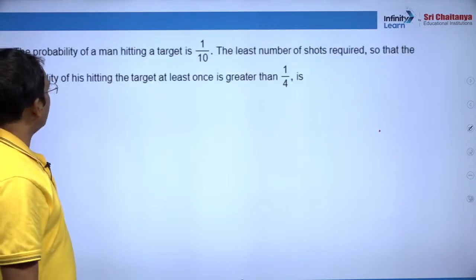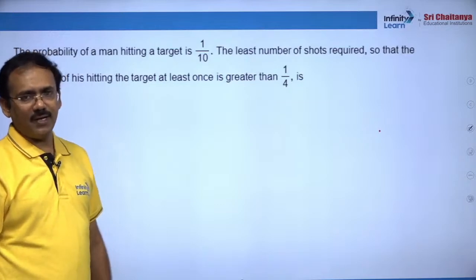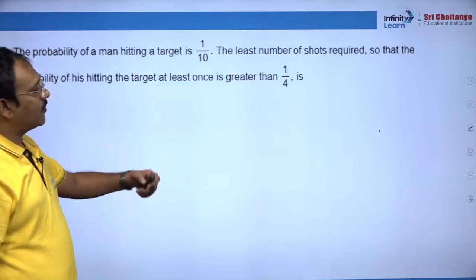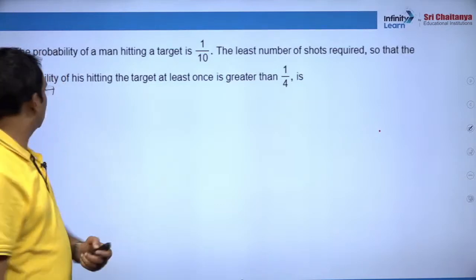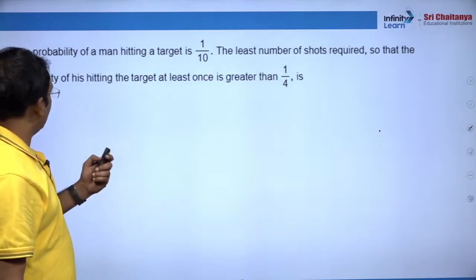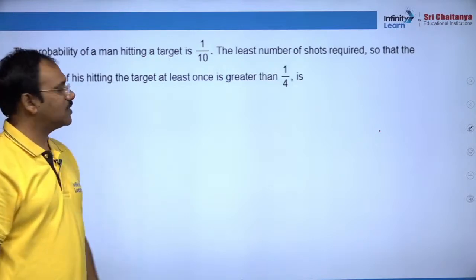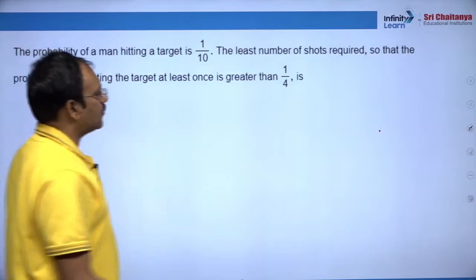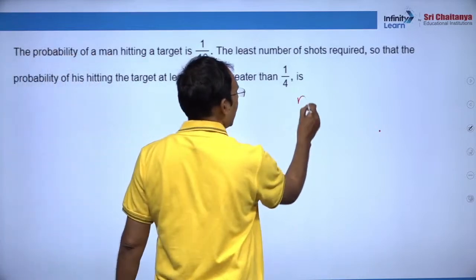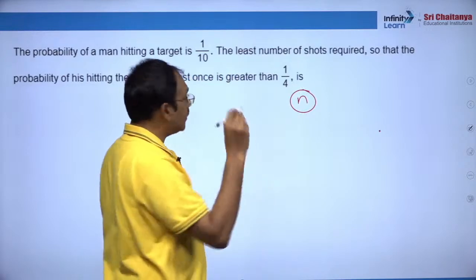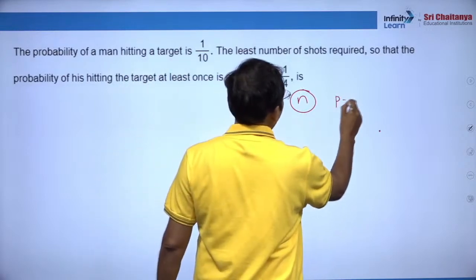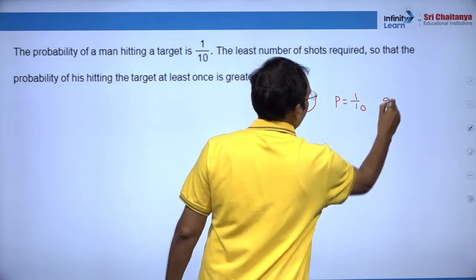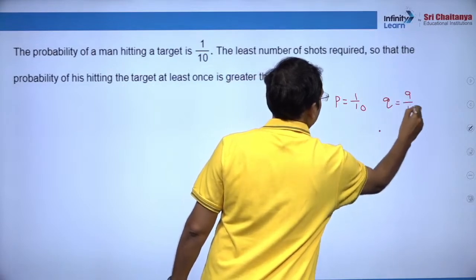Next, the probability of a man hitting a target is 1 by 10, and the least number of shots required so that the probability of his hitting the target at least once is greater than 1 by 4. Suppose, friends, this person has to try n trials. In each trial success probability is 1 by 10, failure probability is 9 by 10.